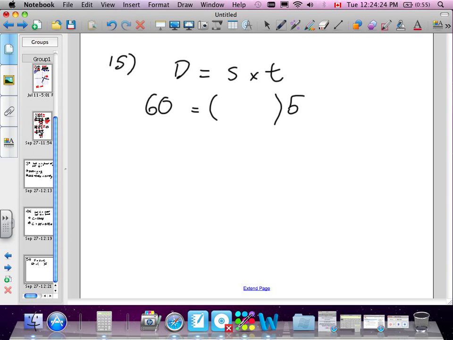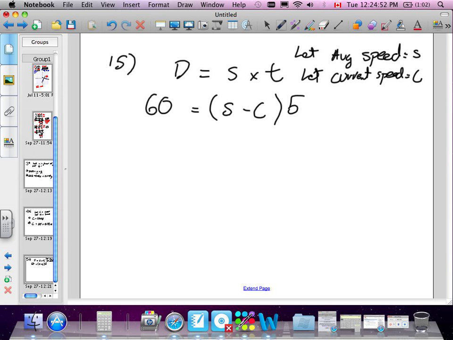So whatever speed they were traveling at, we'll call their average speed S. And we'll say let the current, the speed of the water, be C. So because they're traveling against the current, it's their speed minus the current. The current would slow them down.